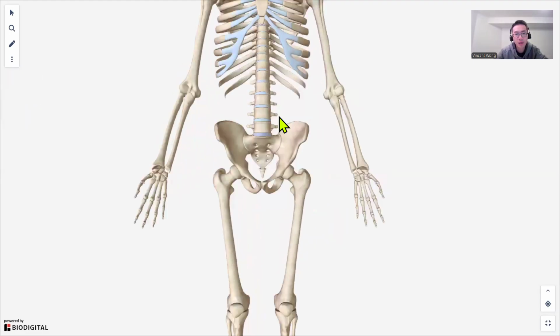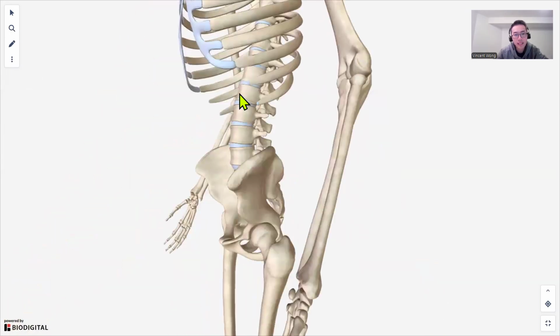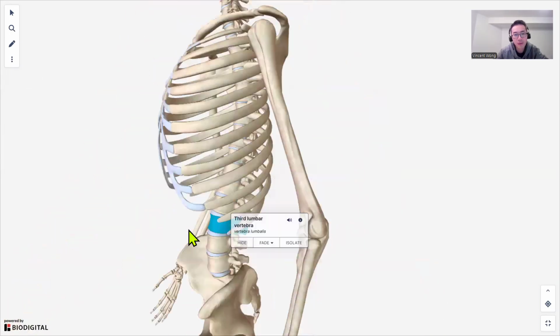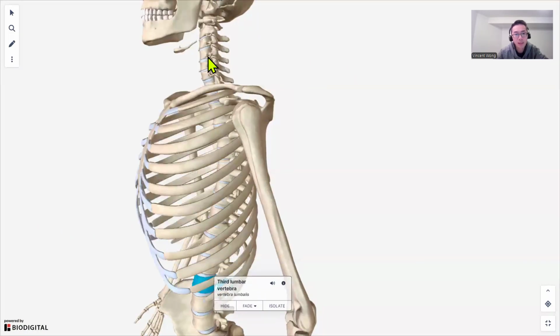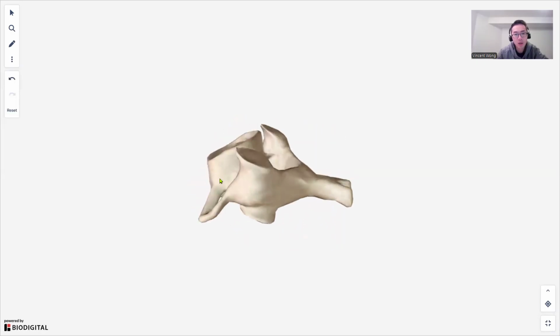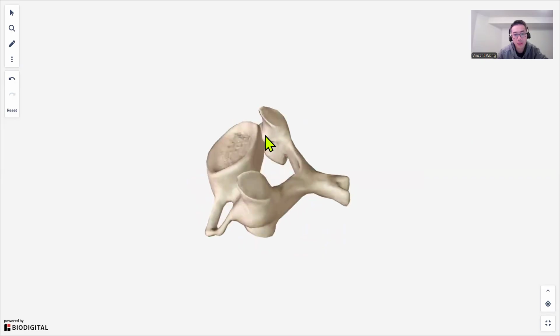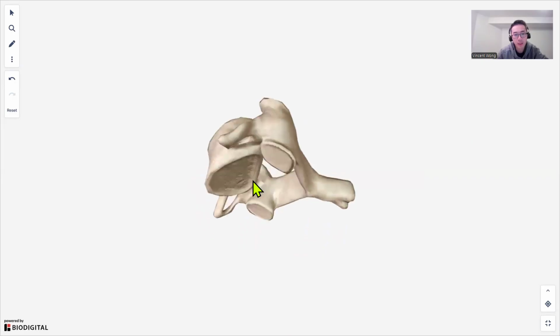Now, another thing I want to show you is that as we go down, the size of the vertebra gets bigger. Let's take a look at this one here. C1 is relatively small. There's a little thing sticking out at the back. There are two connection points at the top and two at the bottom.